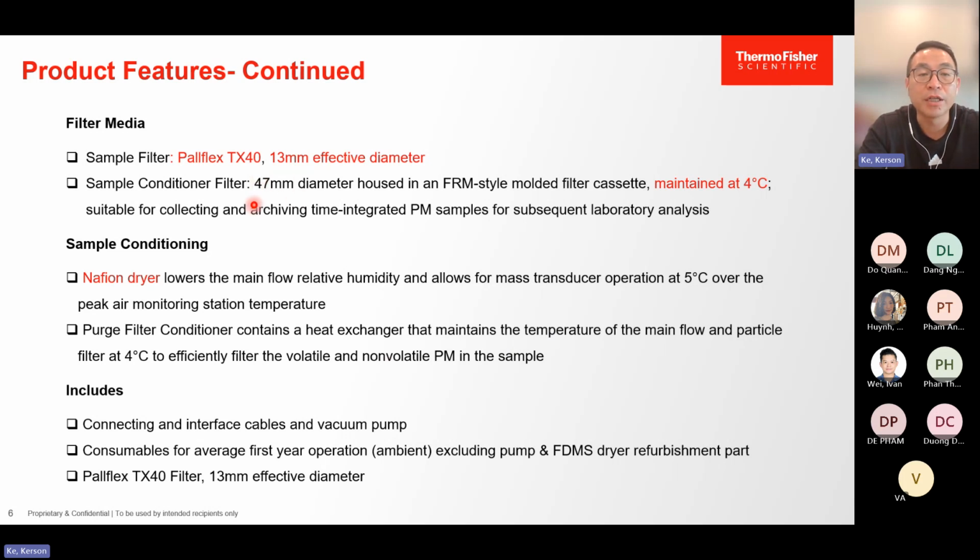Another one, we will use the 47 millimeter diameter to collect the particles. And this is another use we'll discuss later. For the sampling condition, we have a Nafion dryer to remove the moisture. Compared to beta, beta uses the heating tube, and this one we use the Nafion dryer.